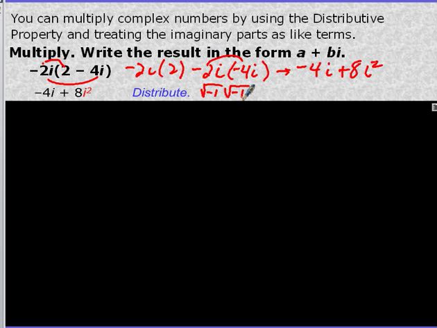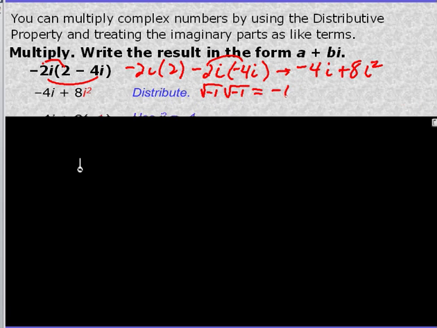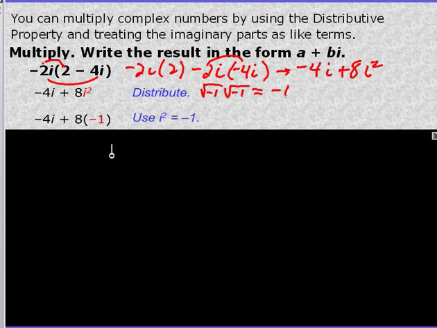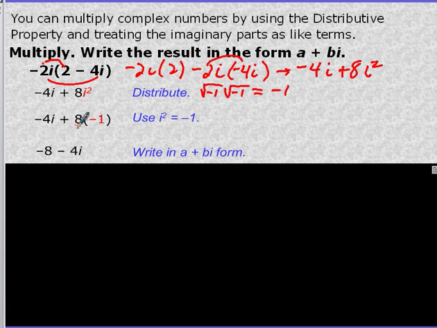When you square something under a square root, it basically just removes the square root, and in this case we're going to end up with negative 1. So we're replacing the i squared with negative 1, and then this becomes negative 8 minus 4i, and in a plus bi form, it's negative 8 minus 4i.